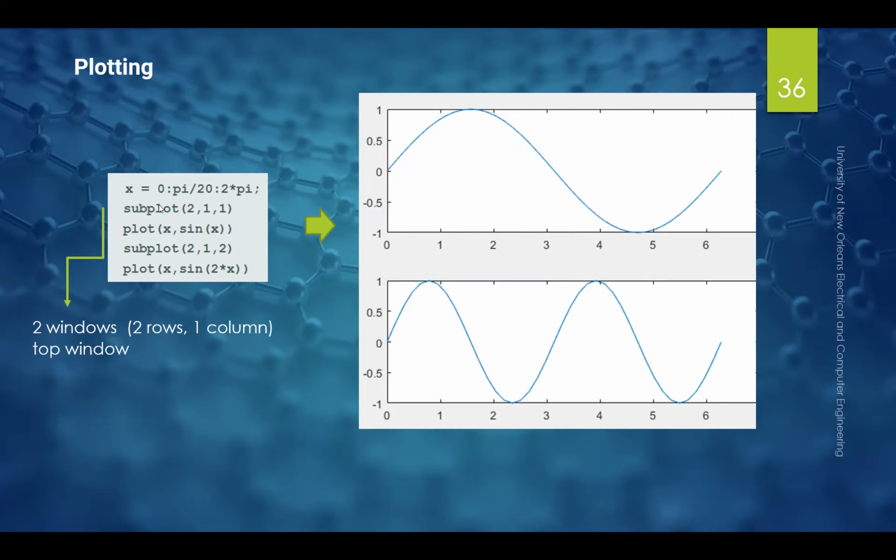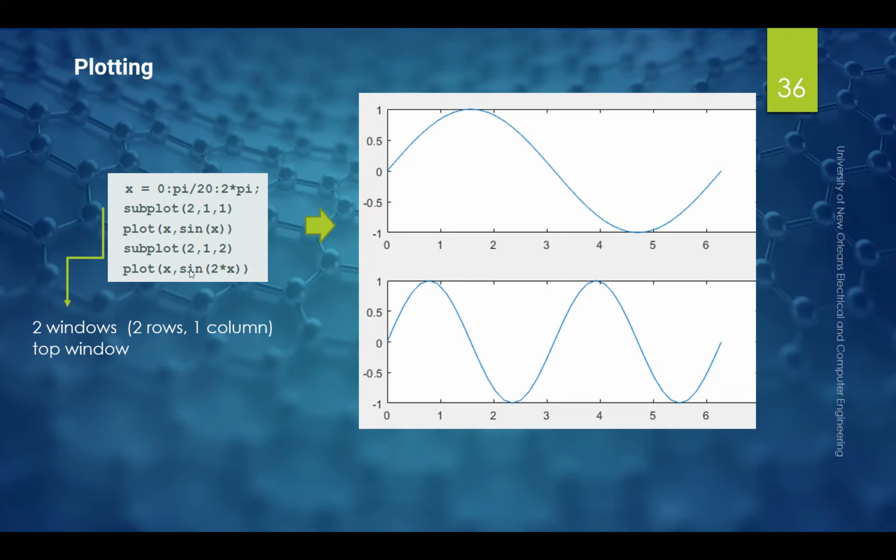So the next plot that is going to be plotted is x sine of x, right? It's this one, and it's going to put it on top. And then I'm telling MATLAB, well, the next plot, I already have it defined as 2 rows and 1 column, if you will. The next one is plotted on location number 2, and location number 2 will be the bottom here.